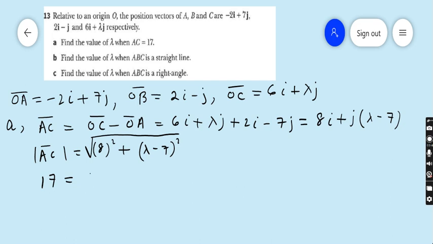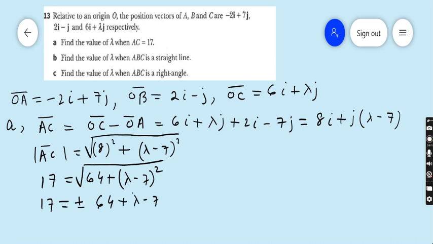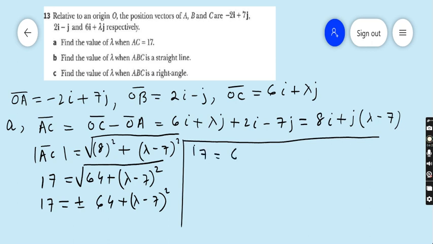The magnitude of AC is given in part A as 17. 8 squared is 64, plus lambda minus 7 squared, under the square root. Taking square on both sides, sorry, I forgot to put squaring on both sides.